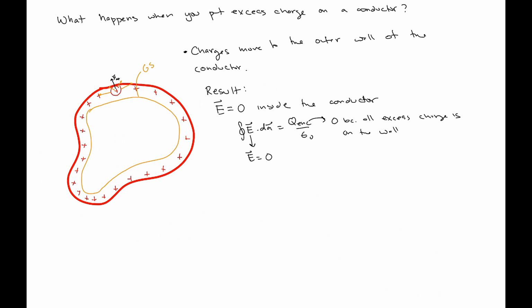Okay, and again, the charge is always going to move in order to make it so. So I know that the electric field is always, always, always going to be zero inside a conductor because the charge is going to reconfigure itself in order to assure that the electric field is zero inside my conductor.